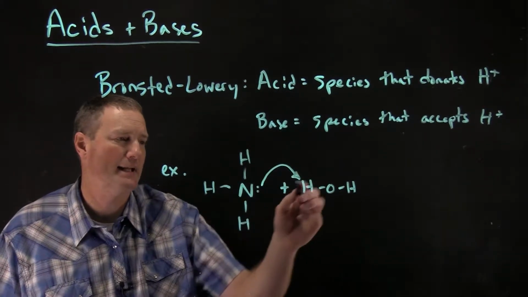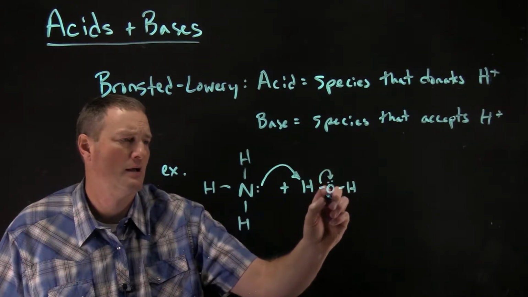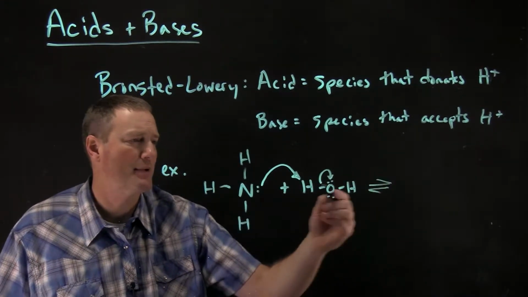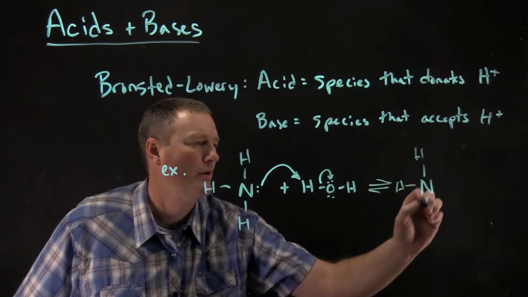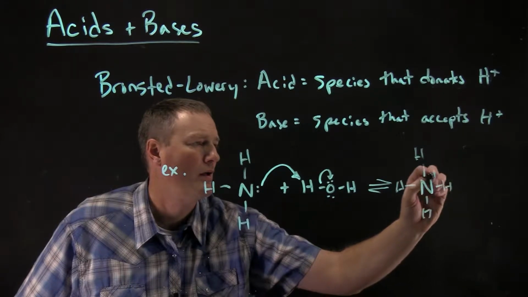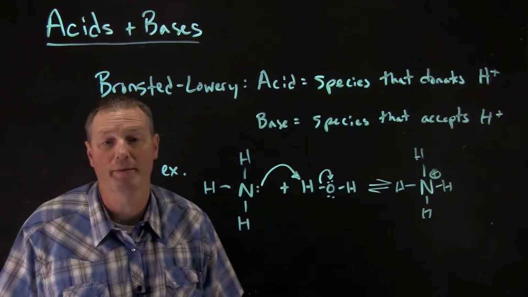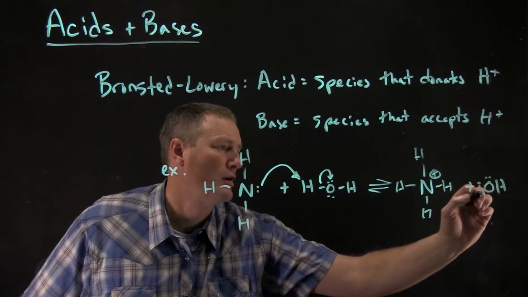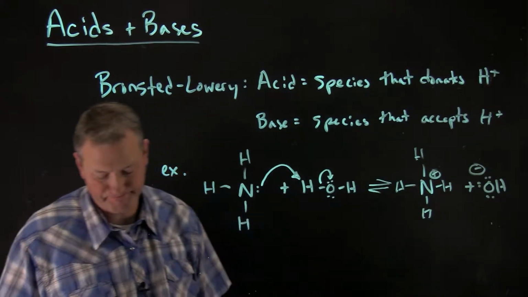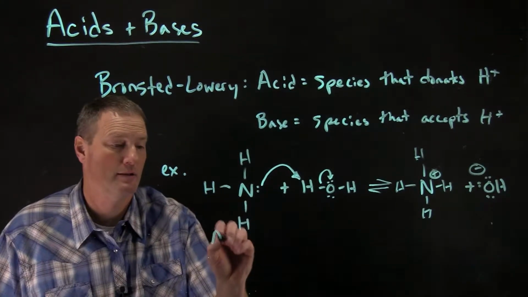As it does that, it's then going to break this HO bond. So what's set up now is an equilibrium where we would form this species, NH4+, which is called ammonium ion, plus OH-.